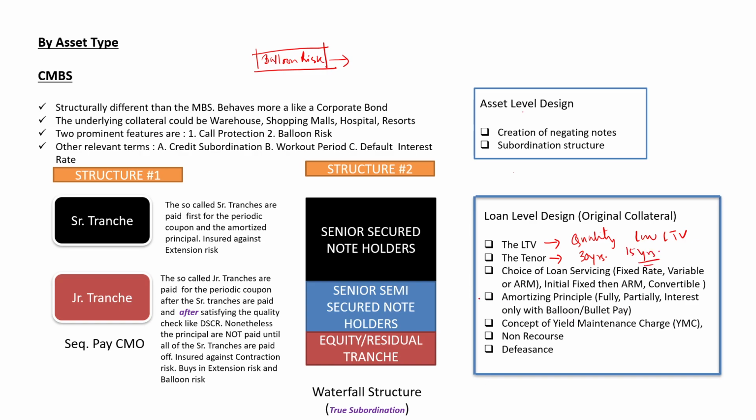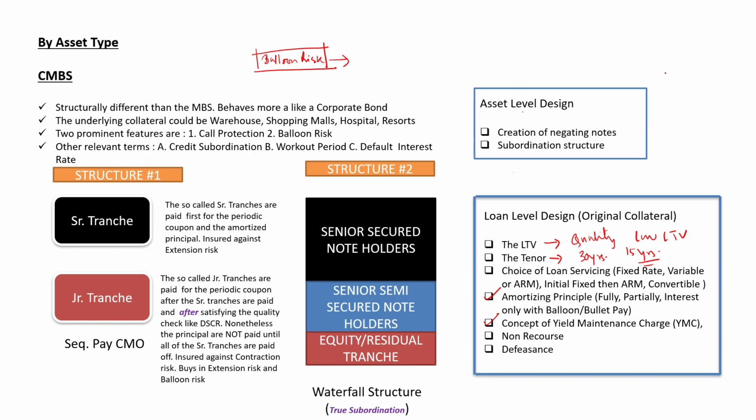Of course, we have spent considerable time discussing the amortizing principle vis-a-vis the non-amortizing principle, which is the key differential point between the RMBS security and that of the CMBS security. We discussed the concept of the yield maintenance charge. Another aspect of this is that CMBS securities typically are non-recourse securities.